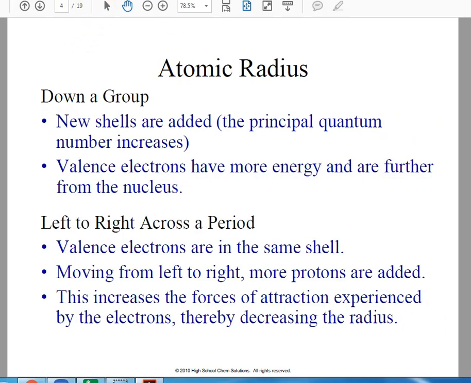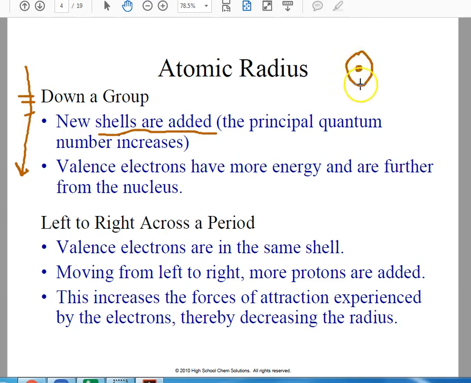All right, so here are those trends again and an explanation. It's important that we not only understand what happens, but why it happens. So as we move down a group, as we go down the periodic table, each row adds a new shell. So if we're thinking about, okay, here's the nucleus, and then the electrons are in these orbitals.